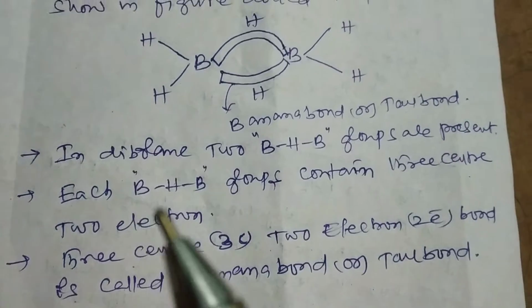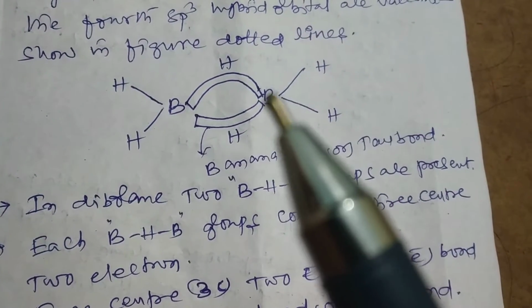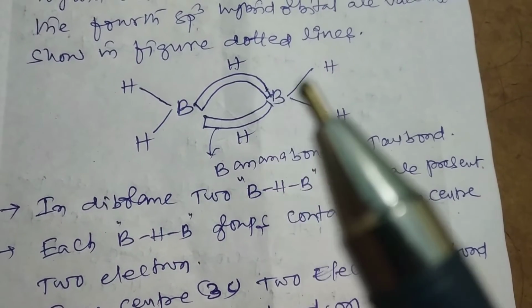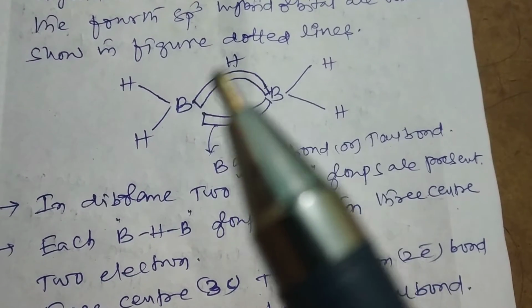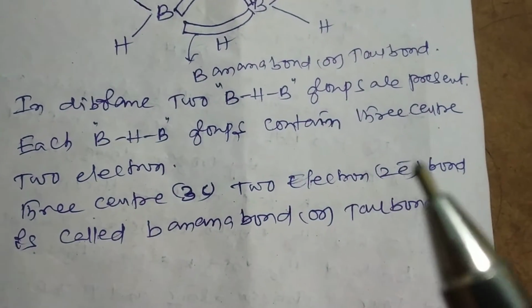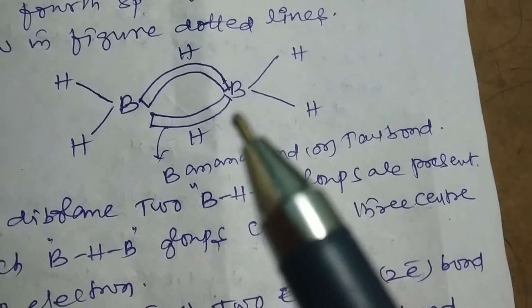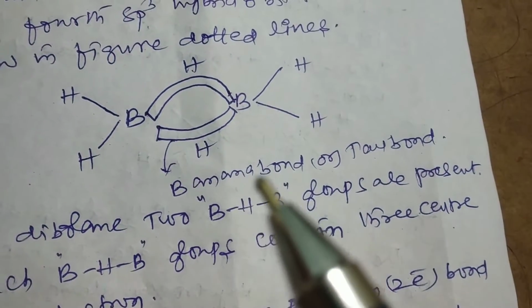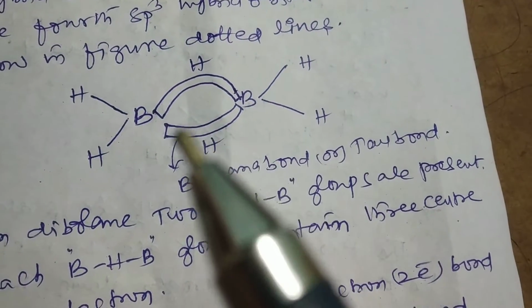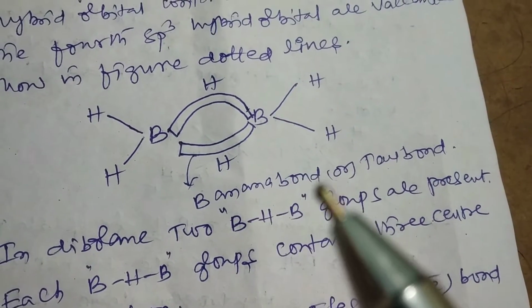Each BHB contains 3 centers, with 2 electrons in between the B and H. The 3 center 2 electron bond is called a banana bond or tau bond. This BHB is the banana bond or tau bond.